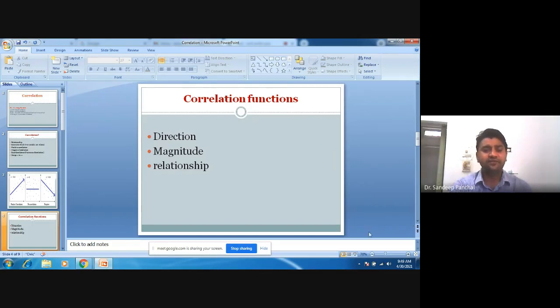This is the meaning and the functions of correlations.